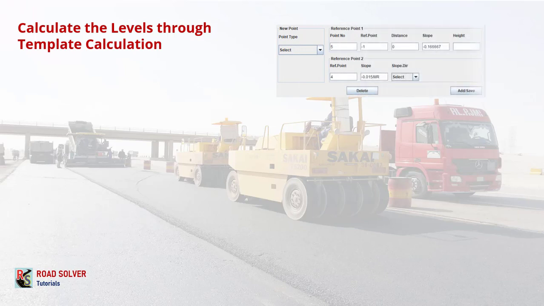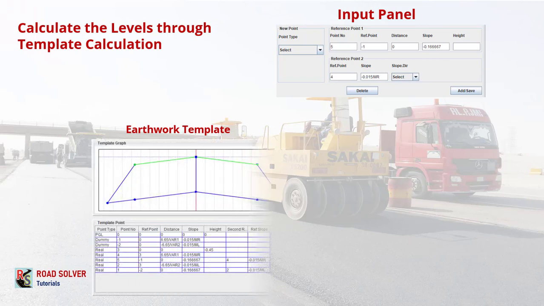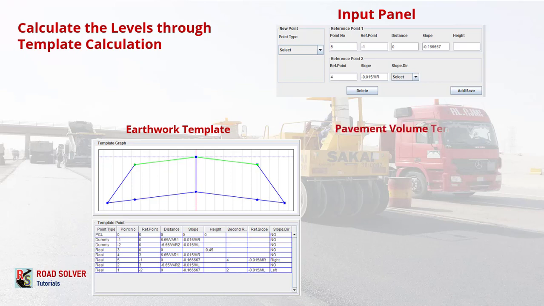In the template calculation, this is the input point panel. We will discuss how points are created from the template in the next chapter. Here we just see how it is working. That is an input panel. There is an earthwork template, and another one, a payment volume template.